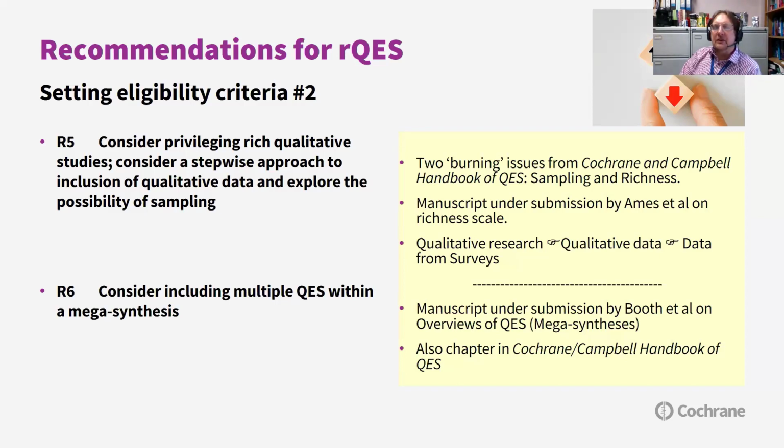Currently, to accompany that chapter, there is a manuscript under submission by Heather Ames and colleagues on a proposed richness scale, and that's going through the new Cochrane Journal process at the moment.